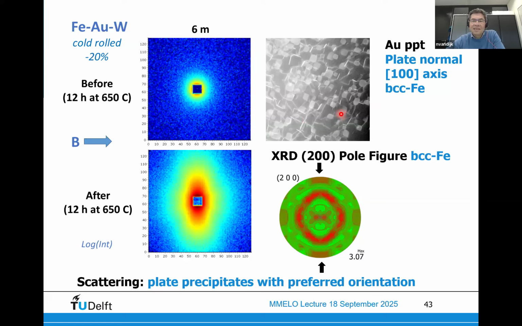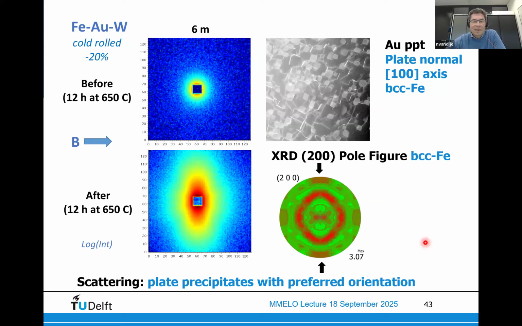The advantage here is that we can measure the texture of the BCC iron, and because we know that the plate normals of the gold precipitates line up with the principal axes, by studying the texture of the ferrite matrix you can say something about the preferred orientation of these plates in the matrix, and then analyze whether that matches the scattering pattern.